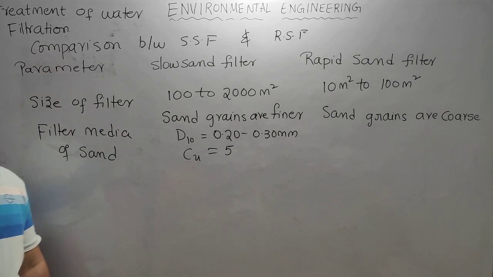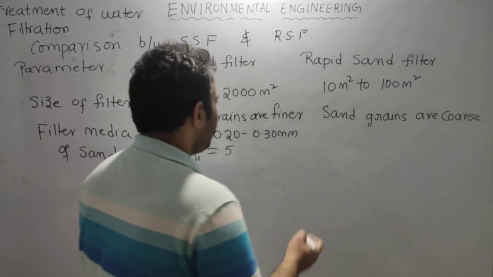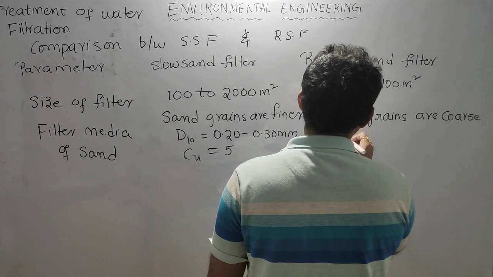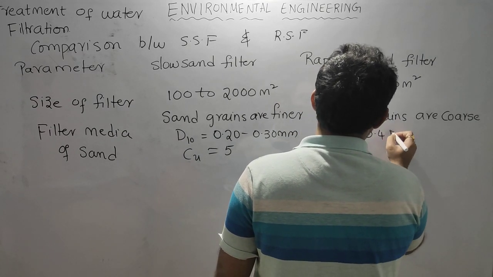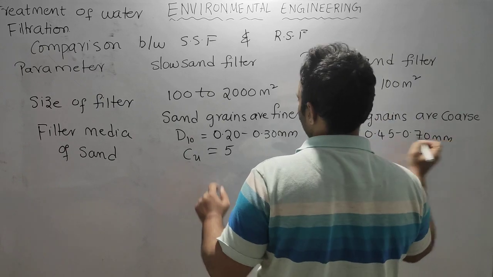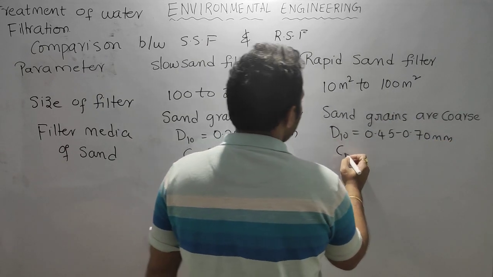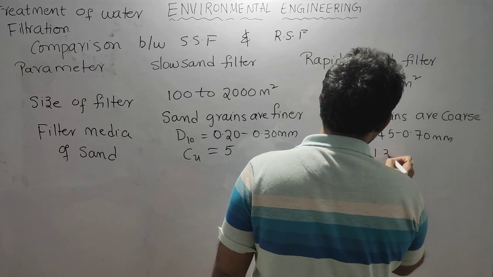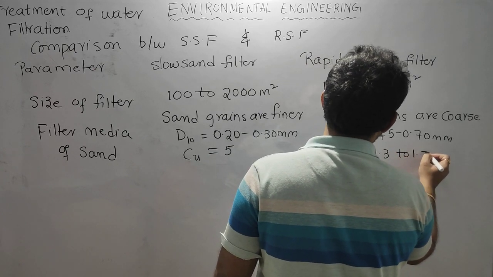Here D10 varies between 0.45 to 0.70 mm. See here, the size is larger, and Cu is approximately 1.3 to 1.7.